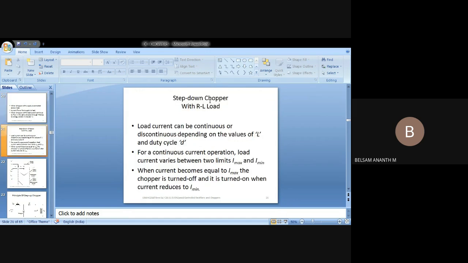The same thing again: the load current can be continuous or discontinuous depending upon the value of your L and the duty cycle. Please remember that in your mind. And one more thing, please don't confuse it, okay?